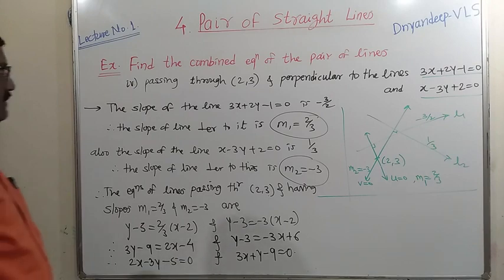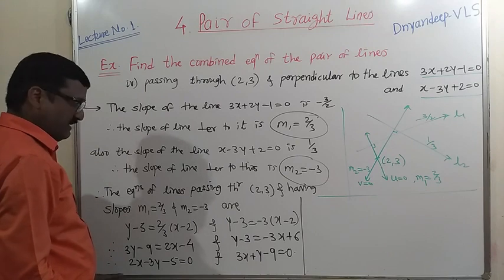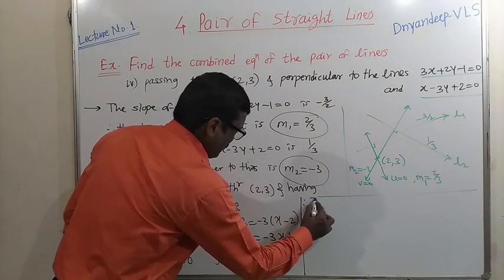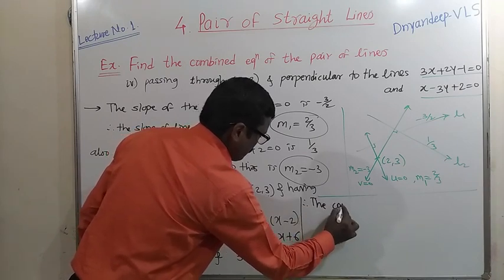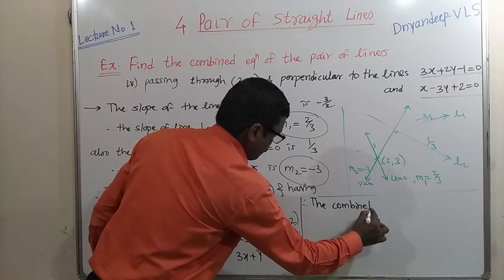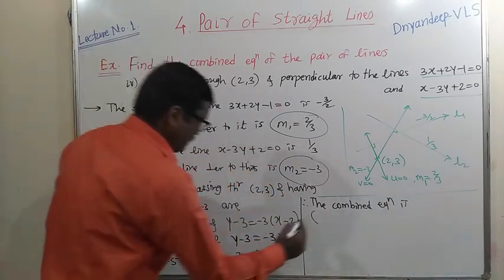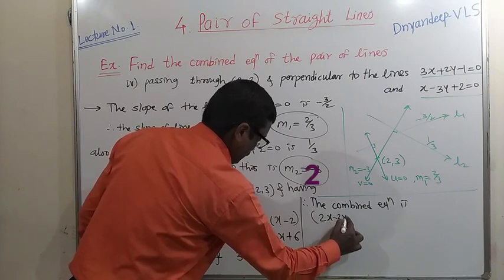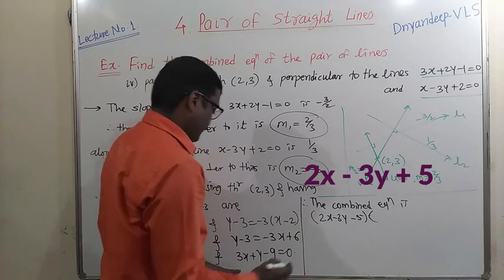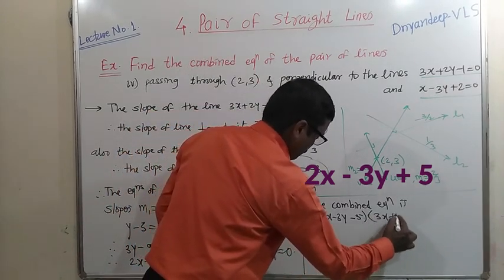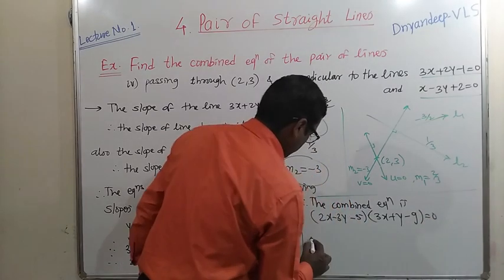Okay, let us take now the combined equation of these two lines. Therefore, the combined equation is 2x minus 3y minus 5 equal to 0 into 3x plus y minus 9 equal to 0.